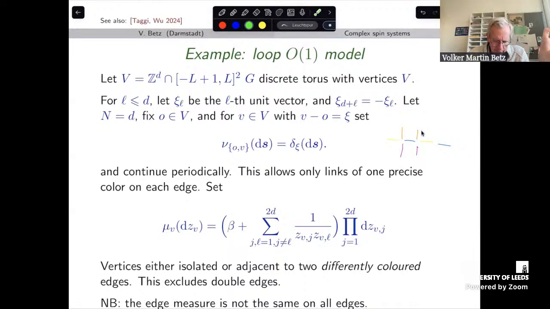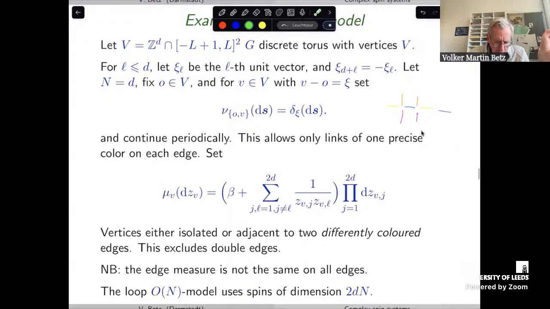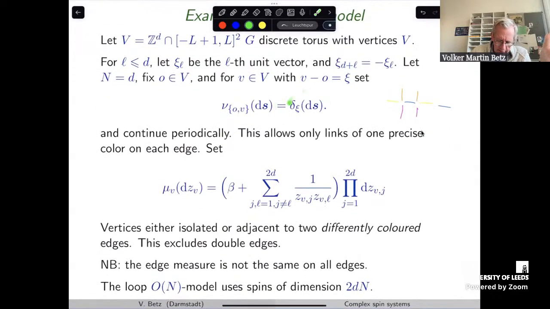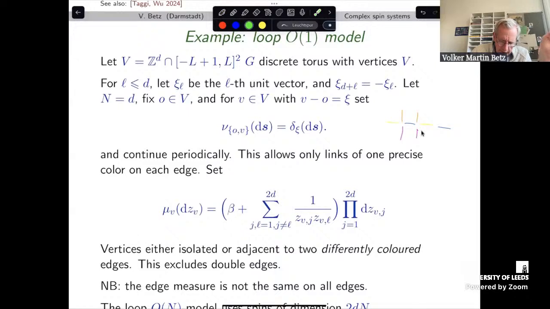And this is by saying that my edge measure is, for 2 colors for example, the sum of 2 Dirac measures. So one here, and one here. And that means if you multiply it by, say, S1 times S2 and integrate, then one of them is always 0, and you get a 0. So by placing them on the axis, you insist that your weights are actually monochromatic.